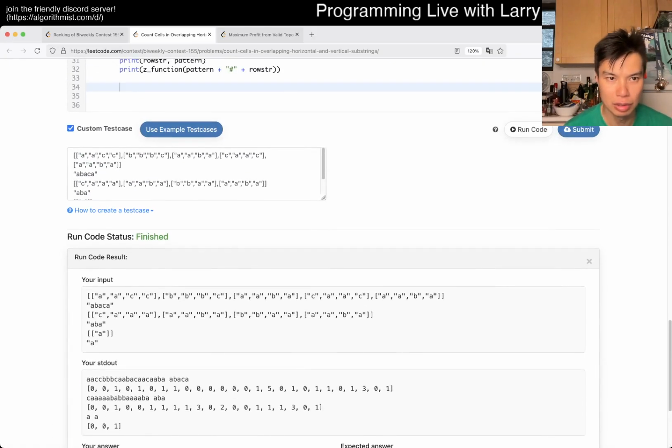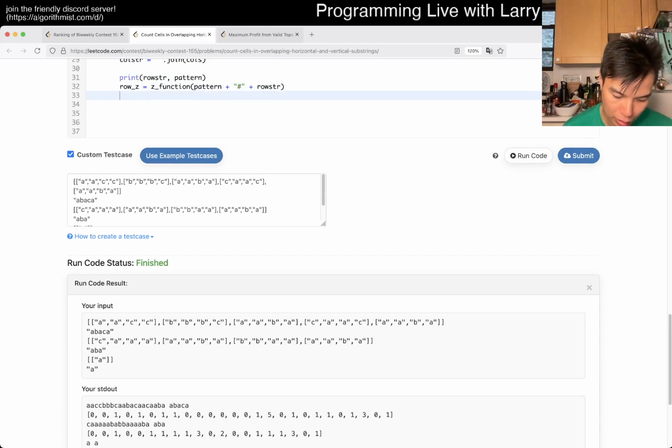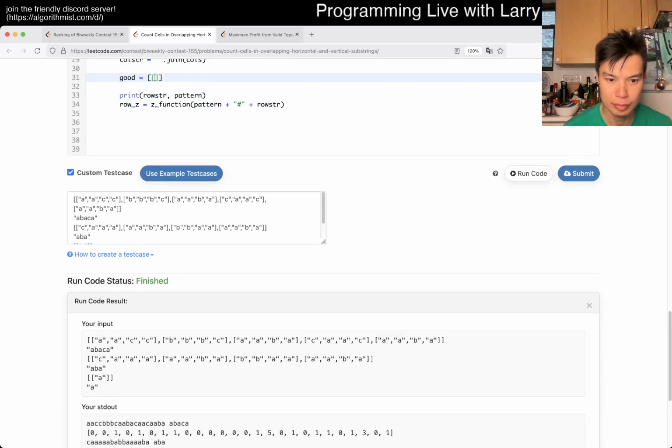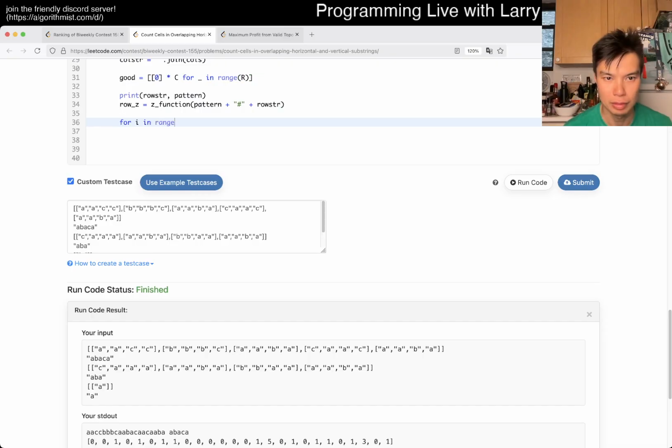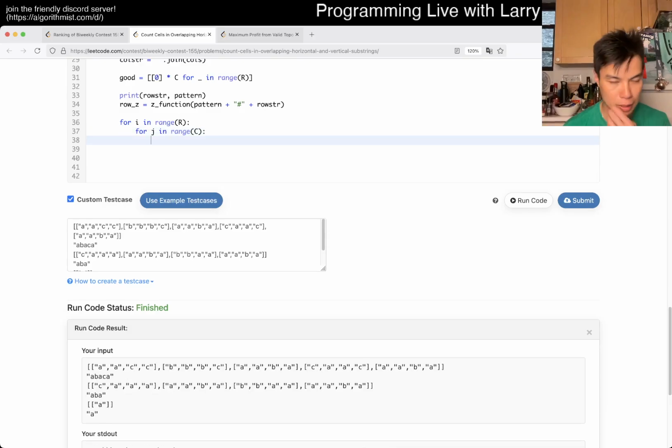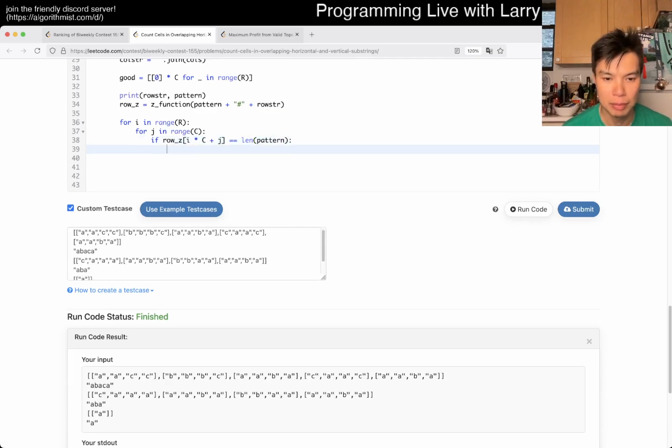So, okay, right? And now, right, so C, then now if rows Z of i times C plus j is equal to length of pattern, then we want to match all of it, right?